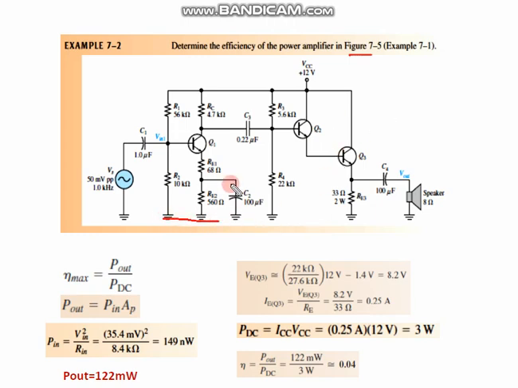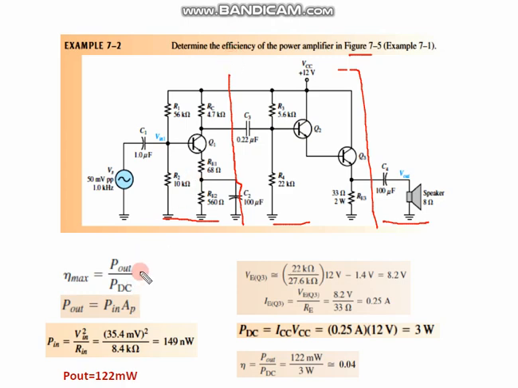This is the main driving amplifier from here to here, and then this is your Darlington pair, and this is the load. So this is basically a three-stage multi-stage amplifier. Now it says determine the efficiency.